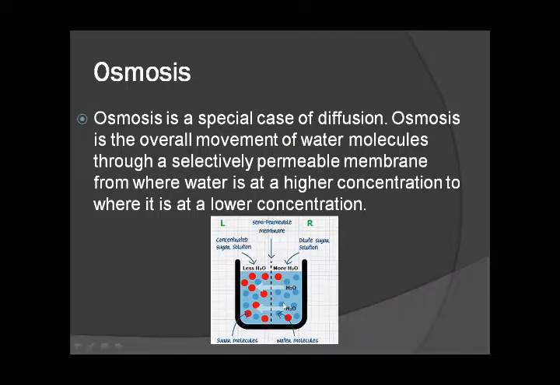In this scenario, there's a higher concentration of water particles here than here. So the selectively permeable membrane will allow the water particles to move into this area, because there's a lesser concentration of water than here. This process will continue until there's an equal amount of water particles on both sides. That is how osmosis works.